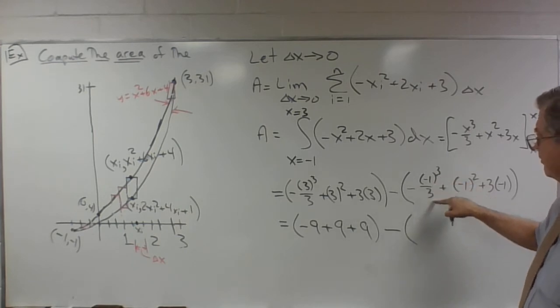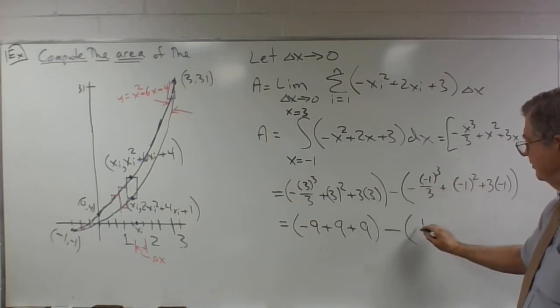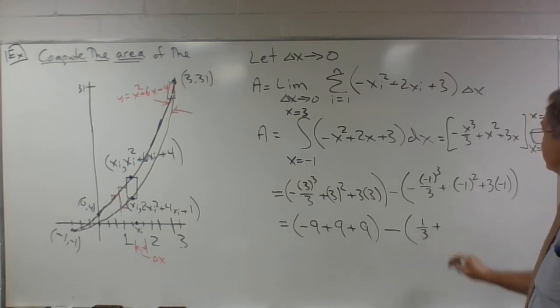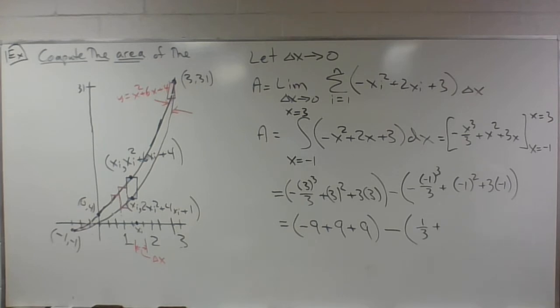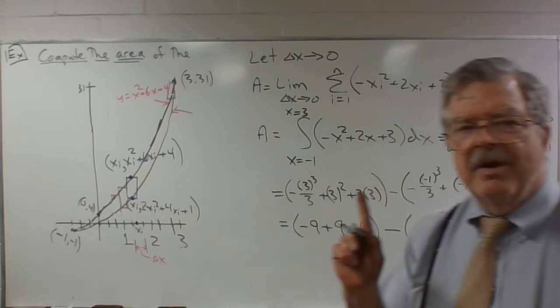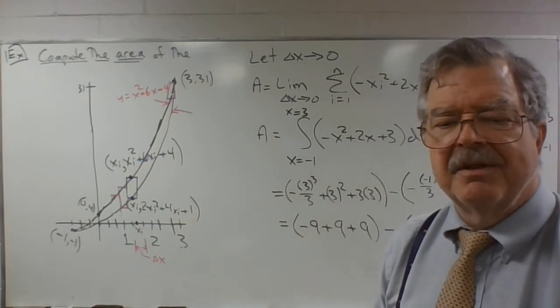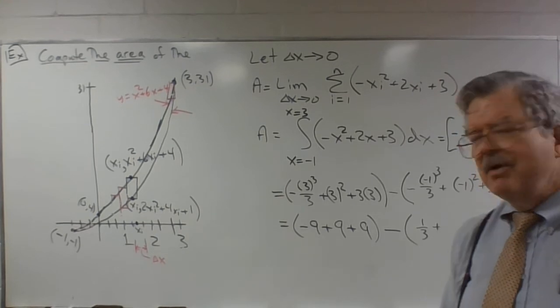That's -1 over 3 times -1 is plus 1/3. Wait a minute. Okay. Before I go any further, let me check something. Yeah, I think I'm okay.